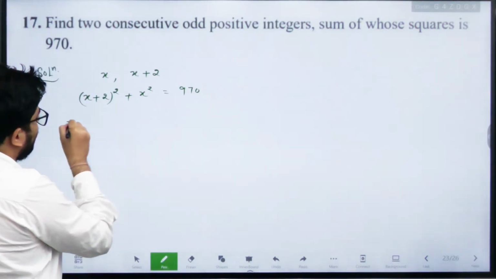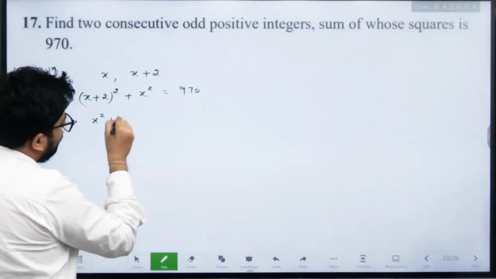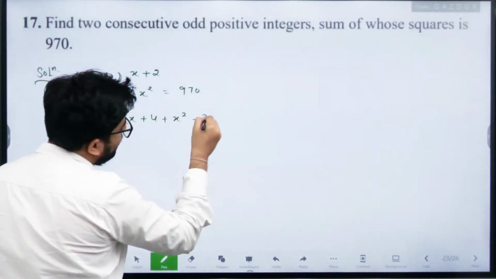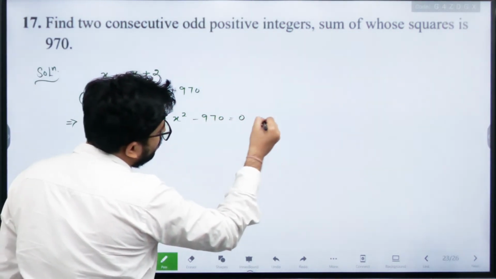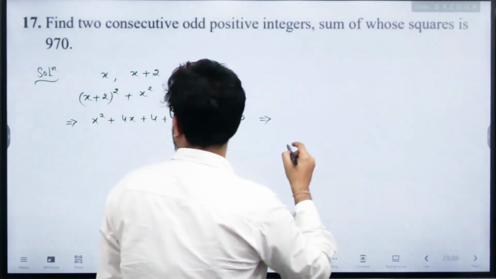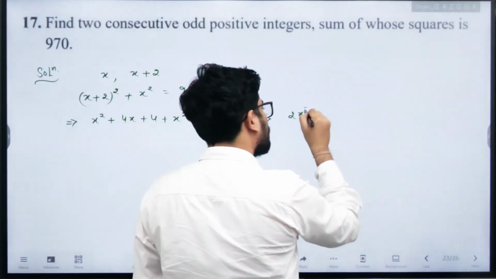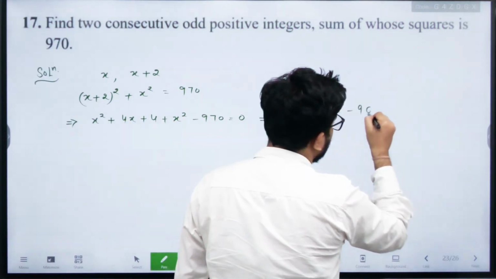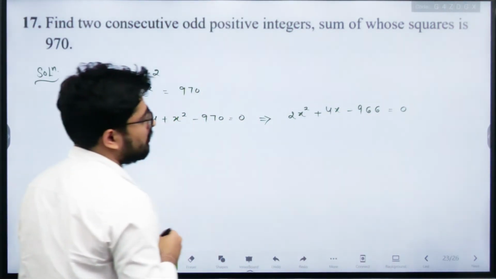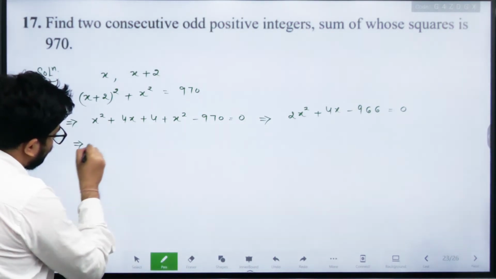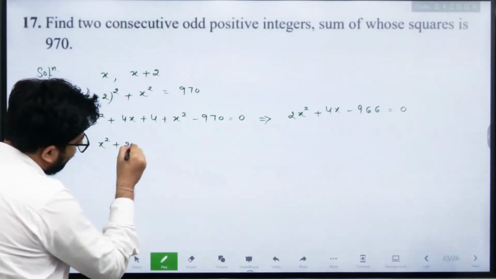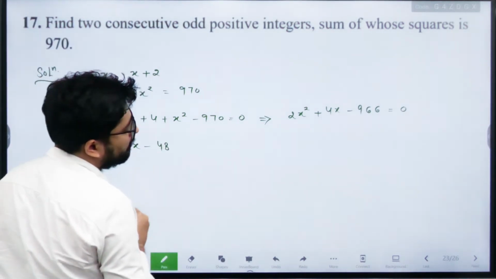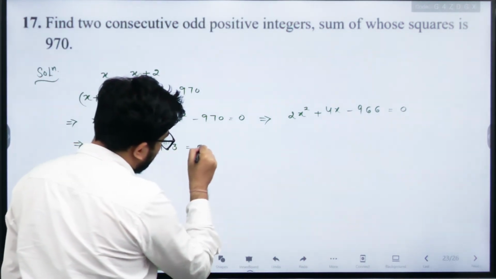When you simplify it, you will get x square plus 4x plus 4 plus x square minus 970 is equal to 0. So from here you can say 2x square plus 4x minus 966 is equal to 0. Now divide by 2, you will get x square plus 2x minus 483 is equal to 0.